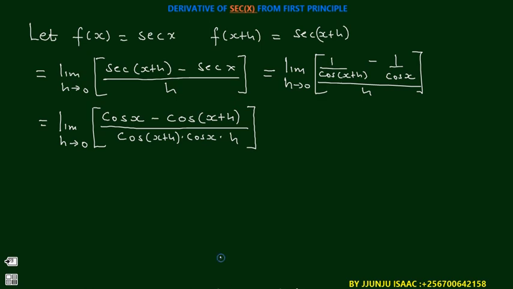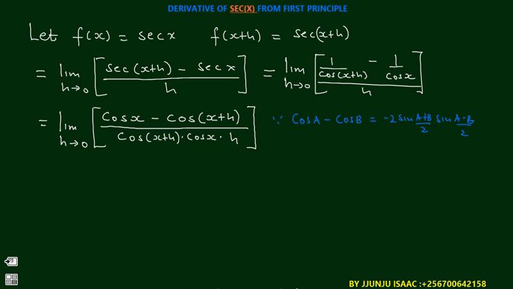We saw it in the derivation of cos, which states that cos of an angle minus cos of another angle is the same as cos A minus cos B, which gives negative 2 sine of A plus B over 2, times sine of A minus B over 2. So we shall apply it here.